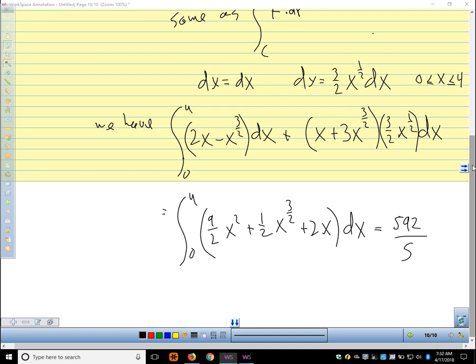Conservative fields definitely come back. Conservative fields are very nice. And we will also talk about what happens when we do a line integral around a closed path. And something really nice happens with line integrals of a conservative field around a closed path.